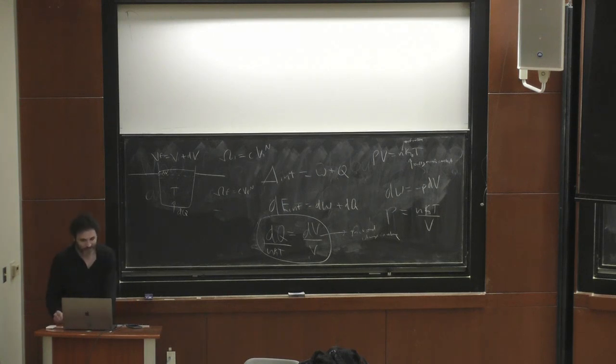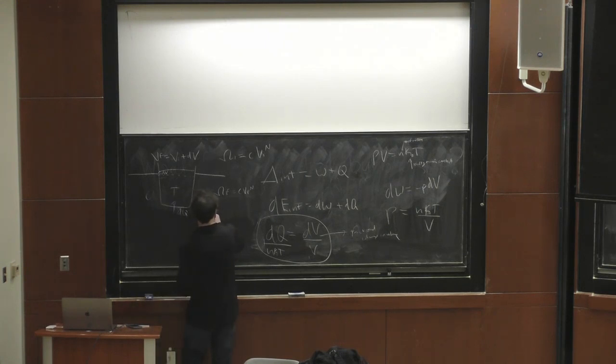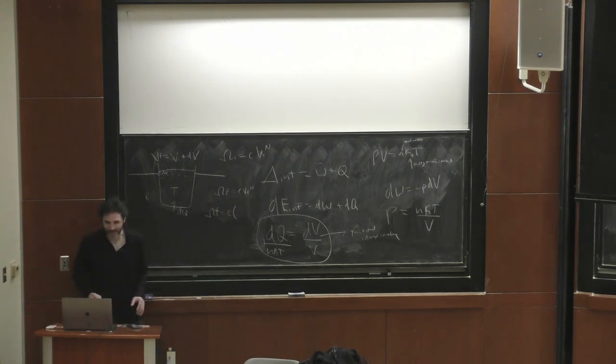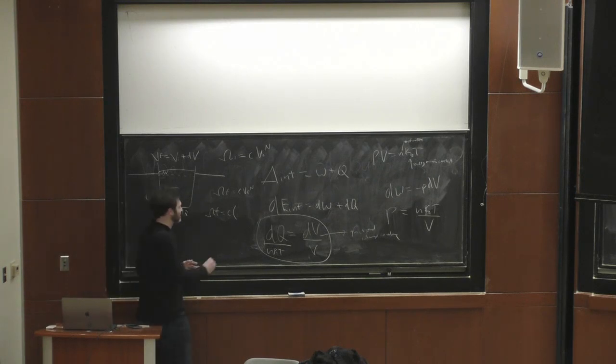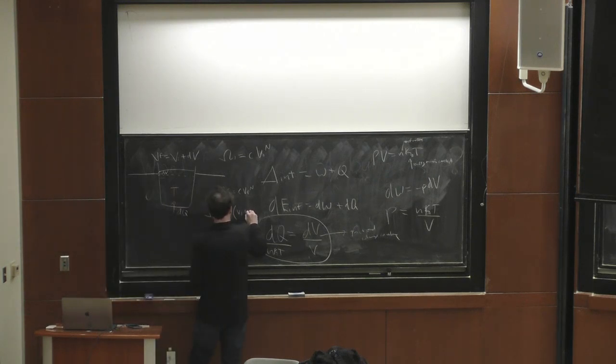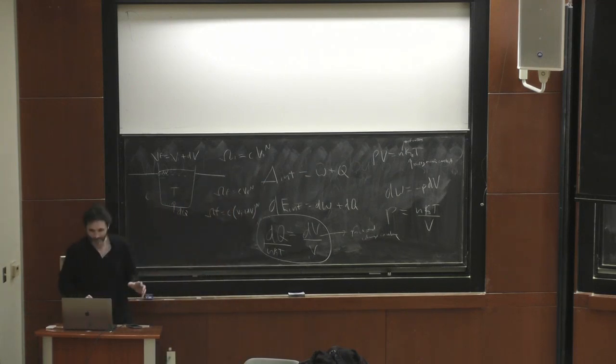We take this constant and factor it out, because we know V final to the n is just V initial plus dV to the n. So we have omega final is equal to C times V initial plus dV, all to the power of n.